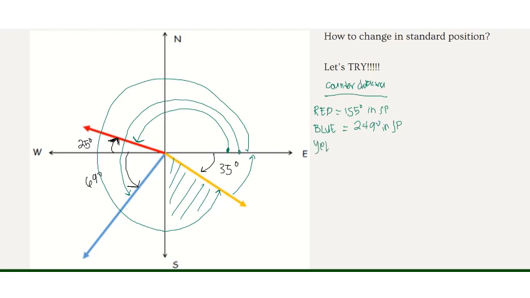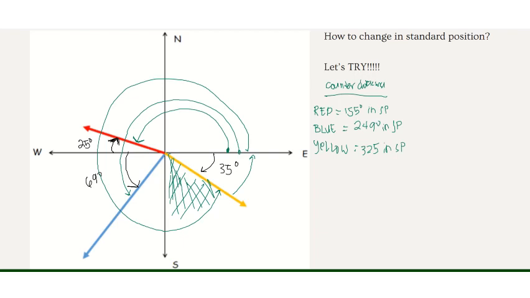So, yung yellow natin ay 325 in standard position. Okay? So, imbes na kinuha natin tong value na to, mahirapan pa tayo. Pwede man, 35 minus 90, makukuha mo na siya. Pero gusto mo na lang mag-subtract ng 35 sa 360. Right? Para makuha yung the rest of the values.